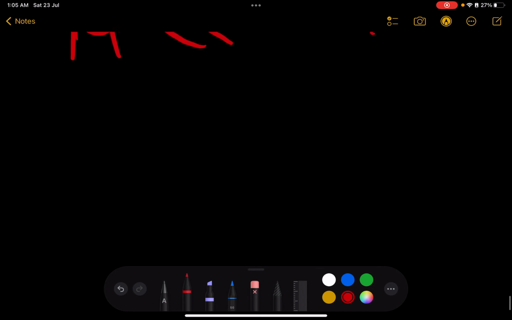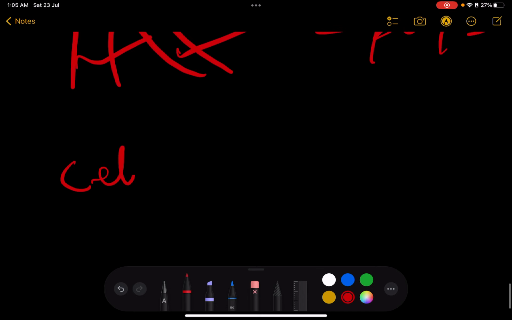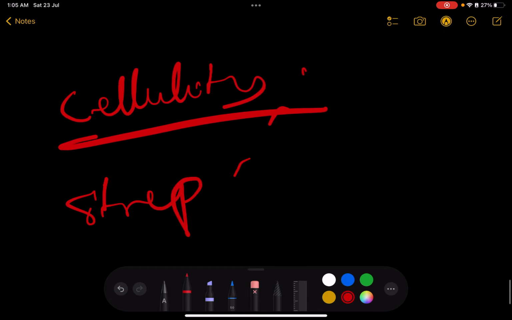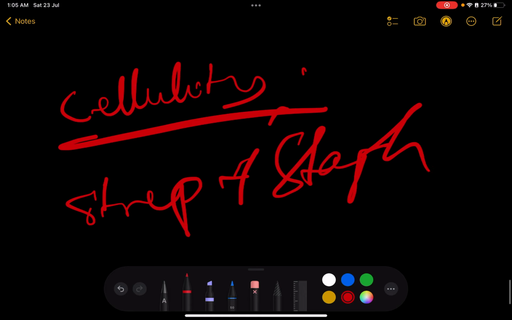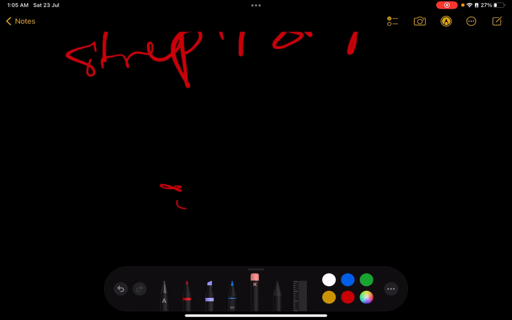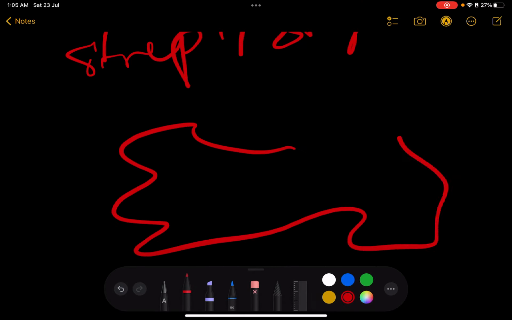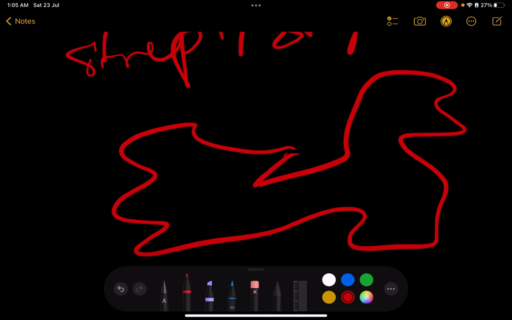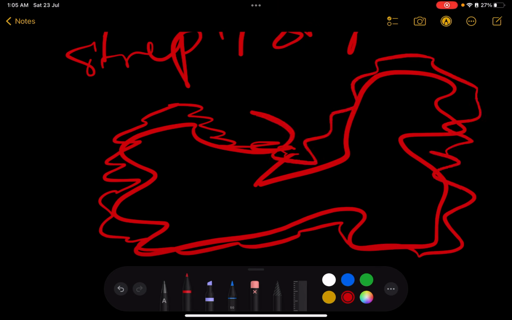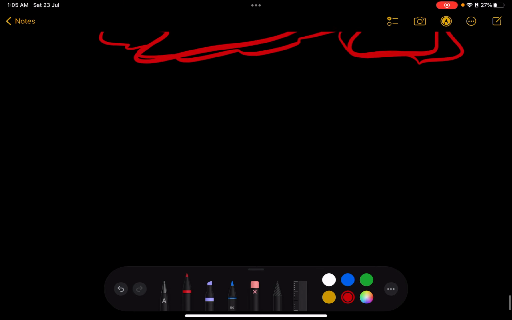Coming to the next one, cellulitis. Here it's going to be strep plus staph. This lesion is not going to be well demarcated, so I cannot draw it that way. What I should draw is a lesion whose margins are ill demarcated and diffuse.